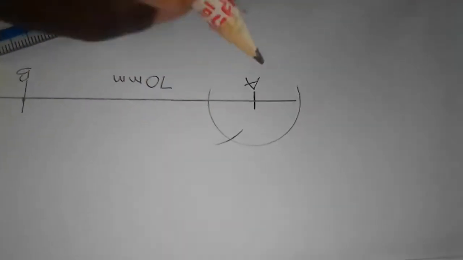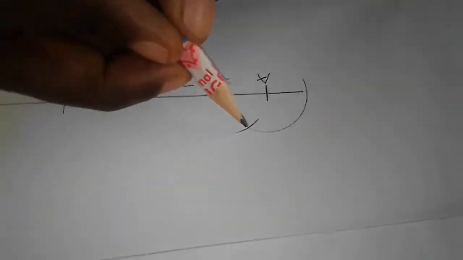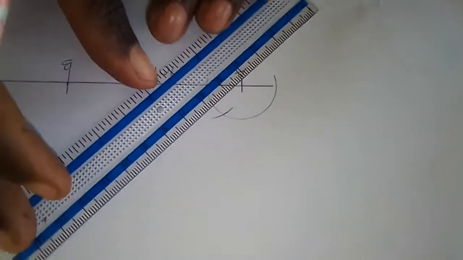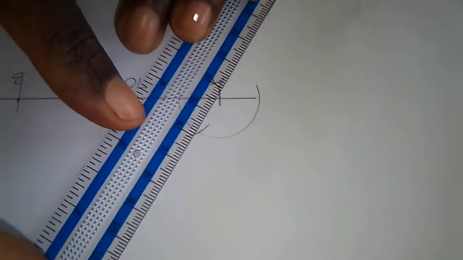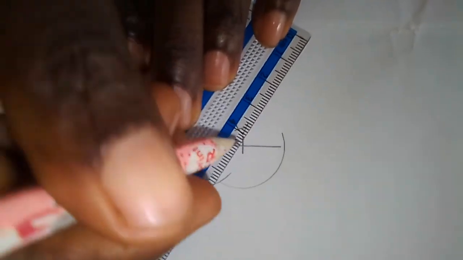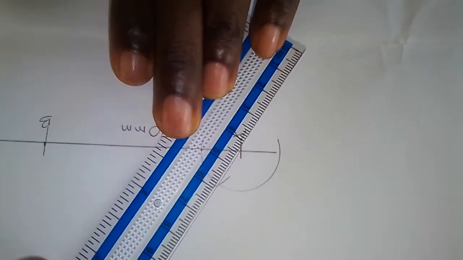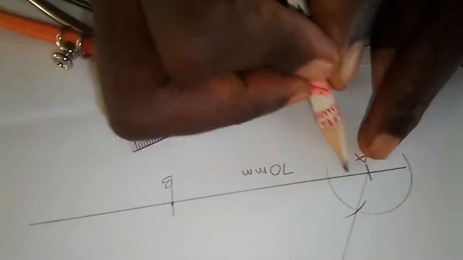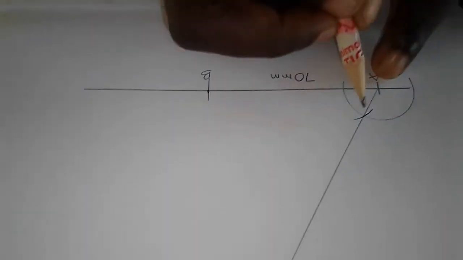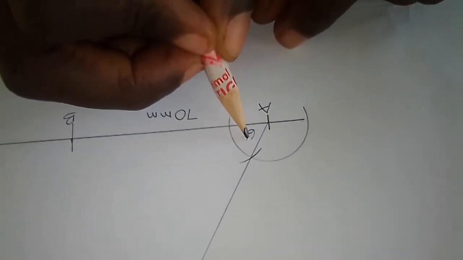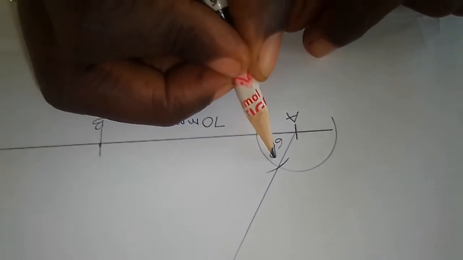Then from A to the intersection of this arc, I draw a line up, making sure it joins at the intersection. The space between line AB and the line I drew is the 60 degrees. I write it there, 60 degrees.